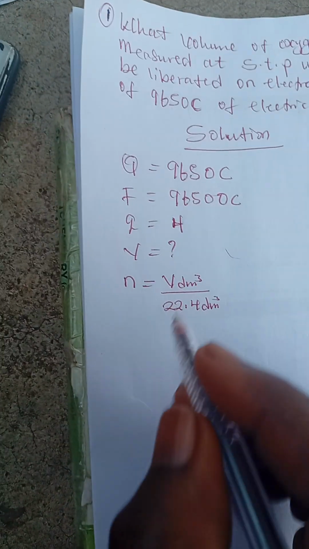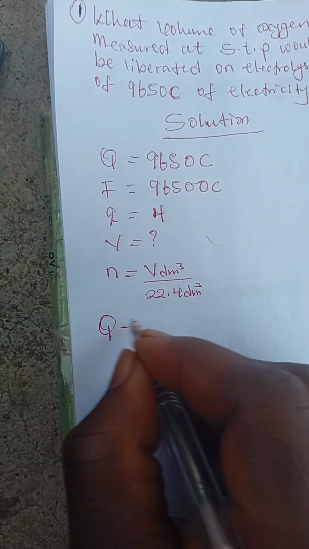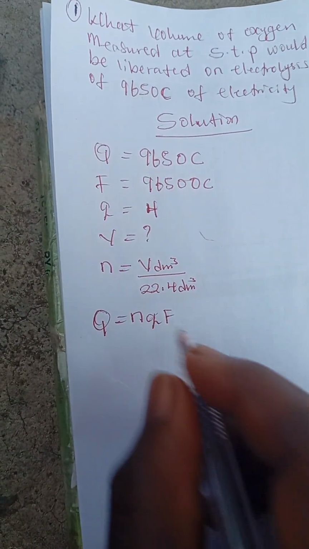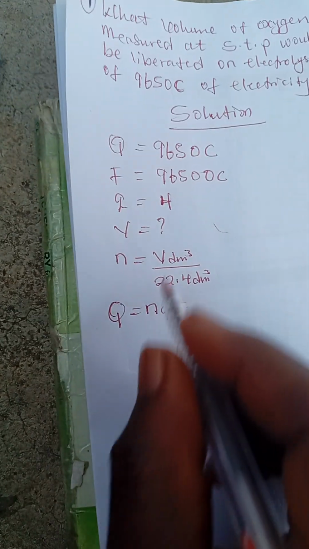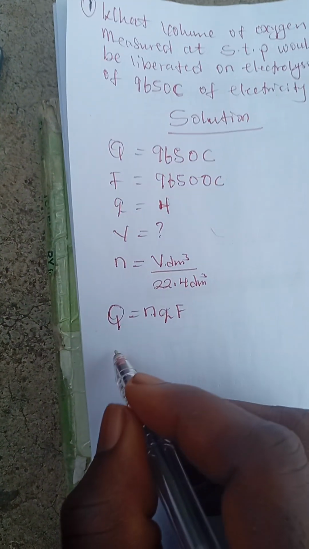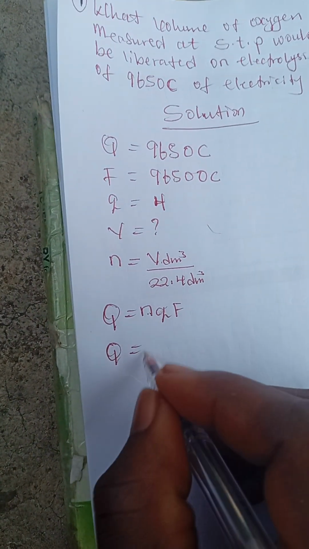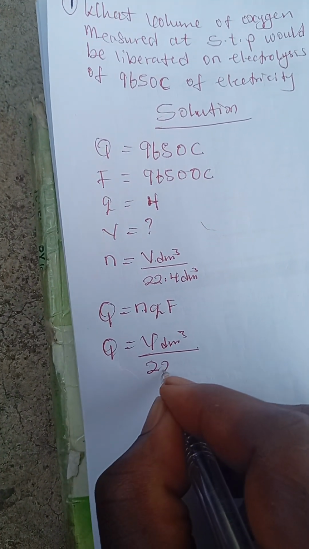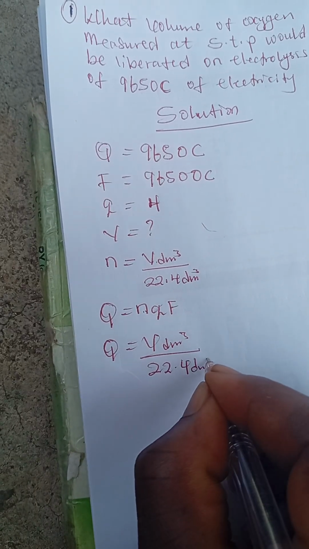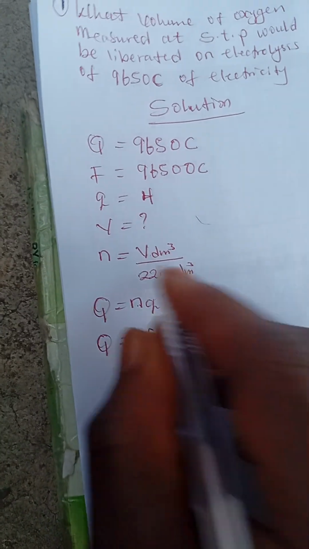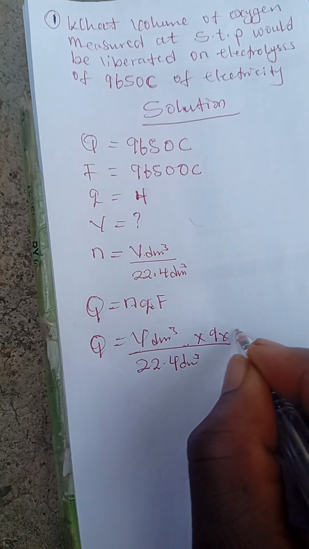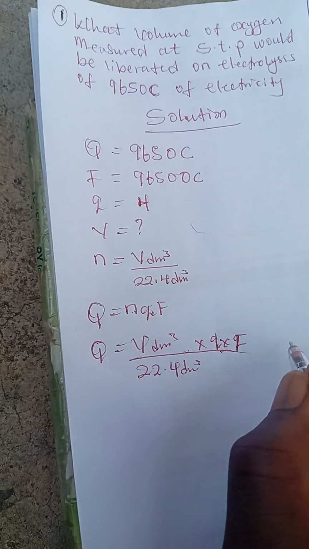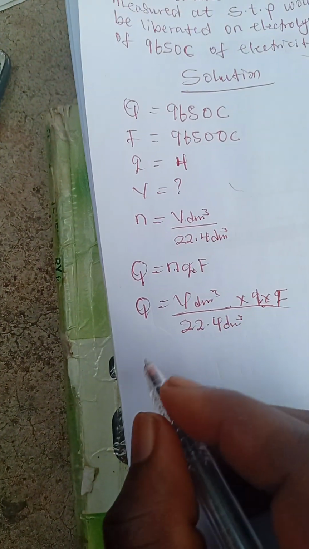Of recent, we solved a problem where we said quantity of charge is equal to number of moles times charge times the Faraday's constant. Now, if we substitute this into this equation, our quantity will be equal to volume in dm cube all over 22.4 dm cube, times the charge, times the Faraday's constant.